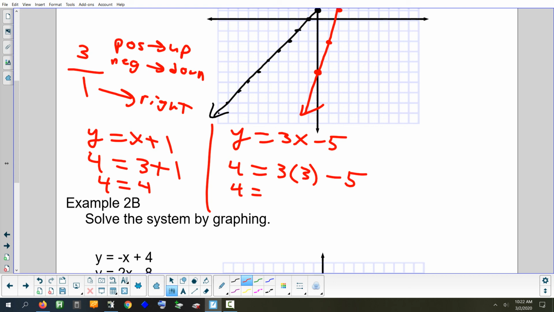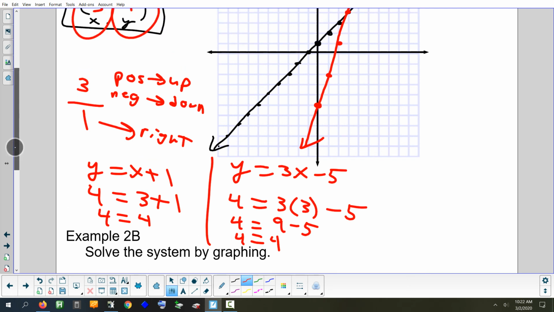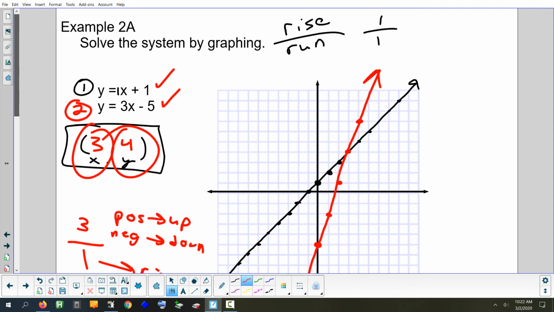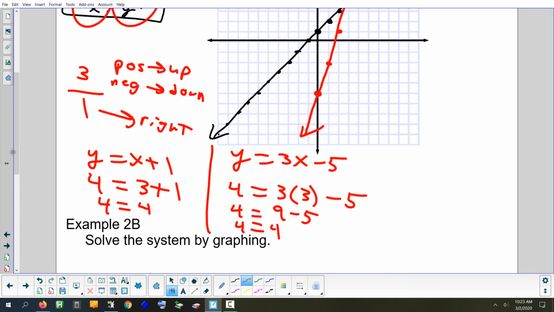What's 3 times 3? 9 minus 5 is 4. What does that mean? 4 equals 4, which means it's right. It worked in the first one, it worked in the second one, so we got the answer right. So that's why it's important that you're pretty accurate with your graph.